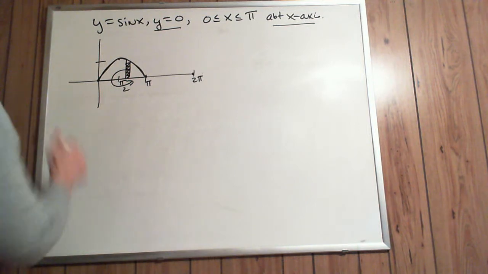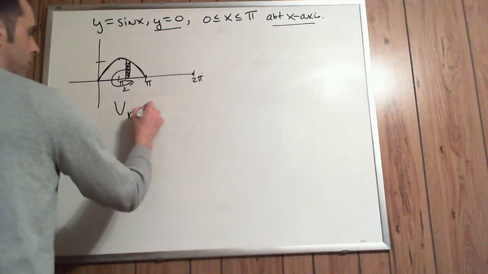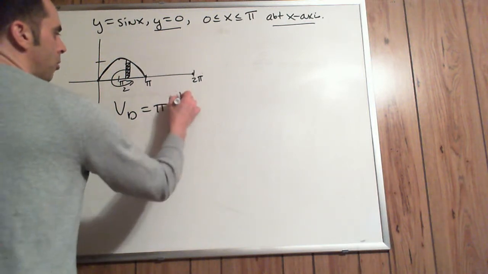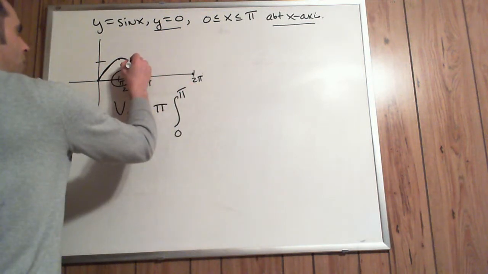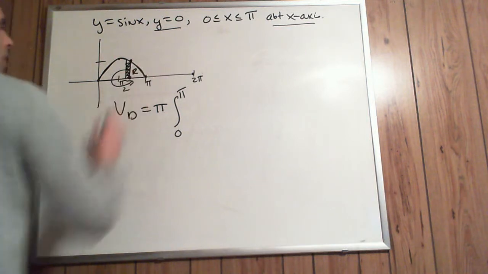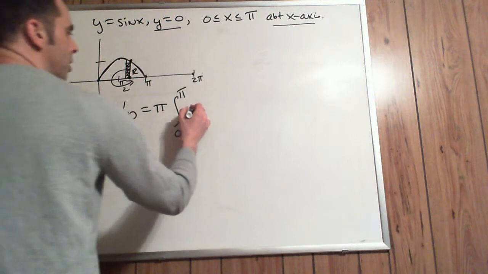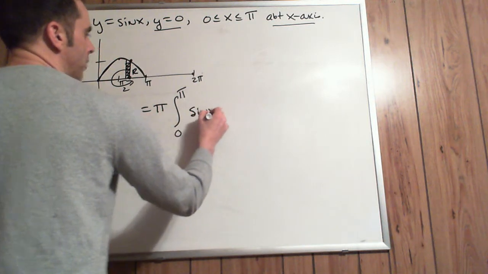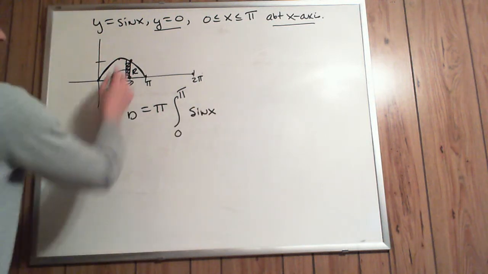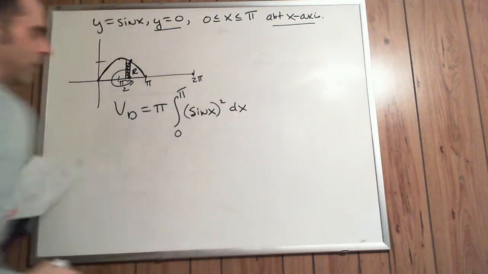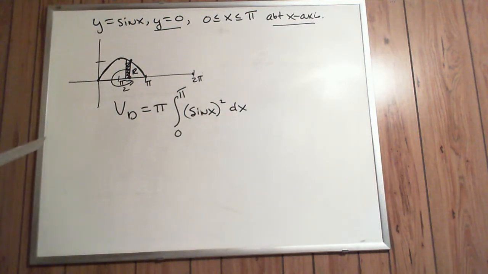There's no clear piece, so it's volume by disk, which equals pi times the definite integral from 0 to pi of the radius of that disk squared. So the radius is the top minus the bottom. So it's going to be (sine of x minus 0) squared, dx.